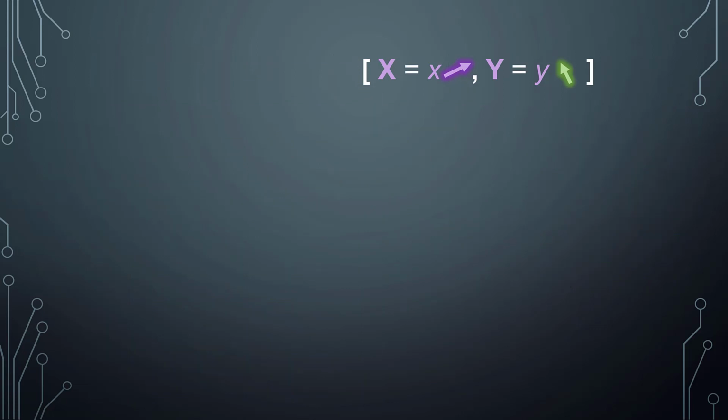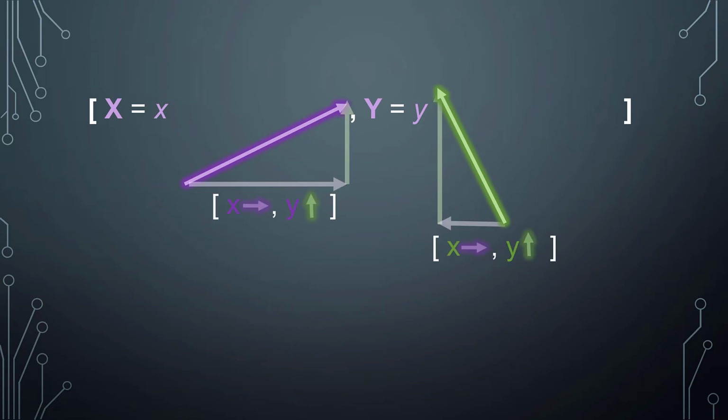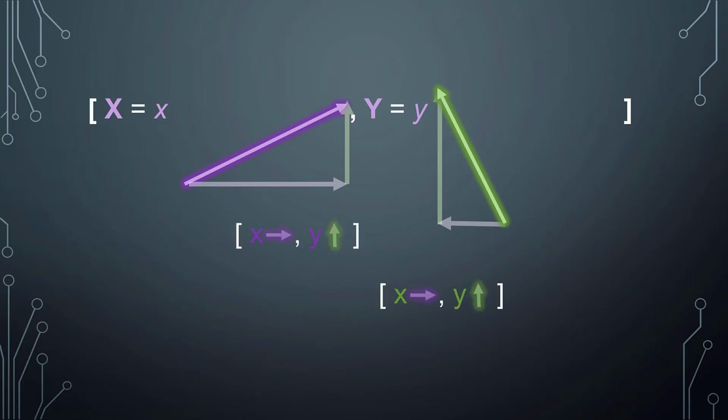Okay, so let's have a closer look at this process. So each of these orthonormal basis vectors is in itself a vector, and they have x and y values. And again, these x and y values are represented in terms of the original orthonormal basis. So they are scaling factors of the original ones.